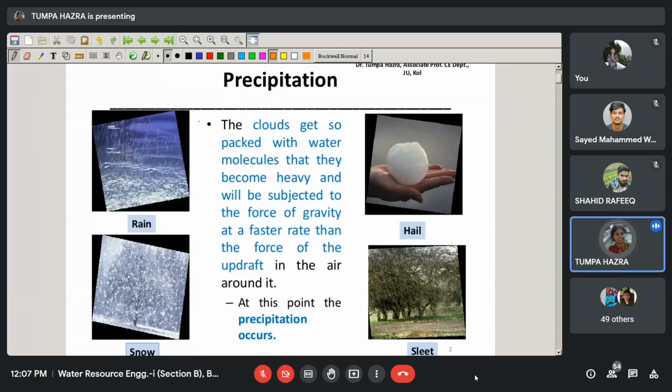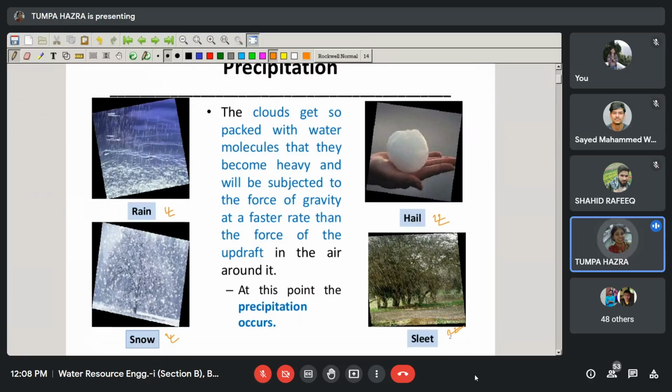The usual forms of precipitation are rainfall, snowfall, hail, sleet, etc. Of these, rain and snow contribute most of the precipitation, and they also create the stream flow and flood flow of the majority of rivers.